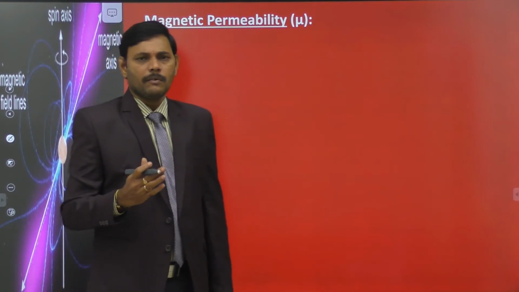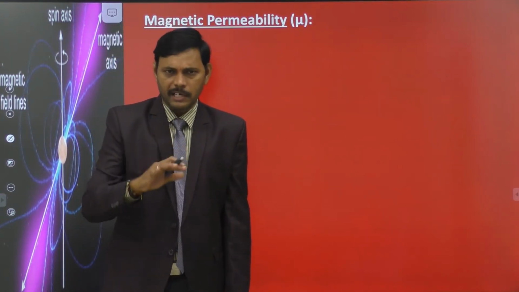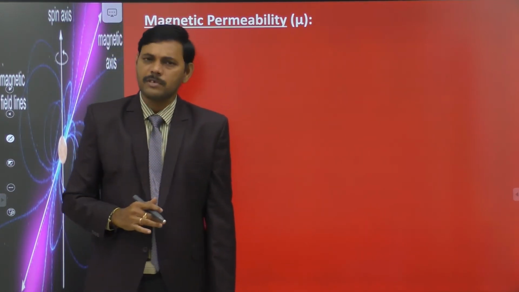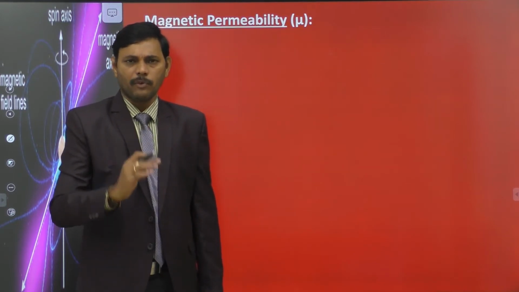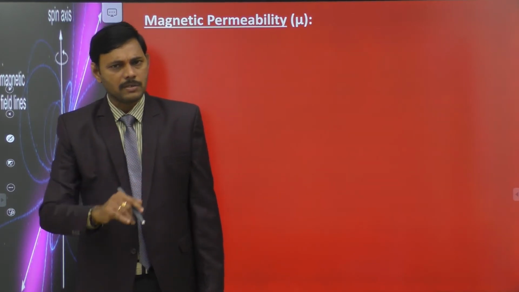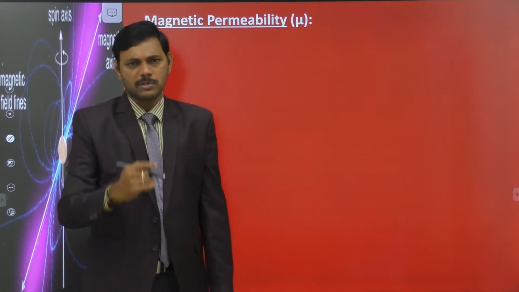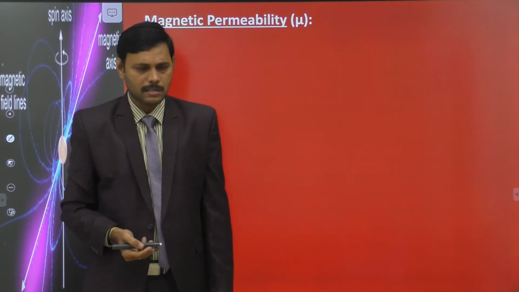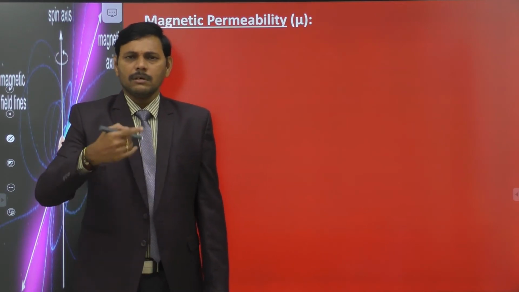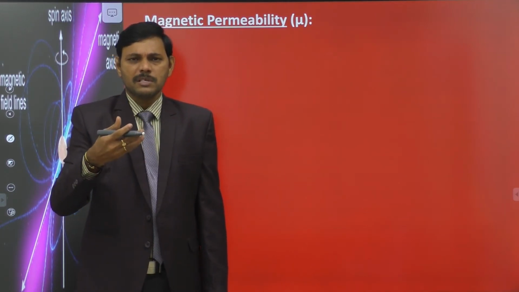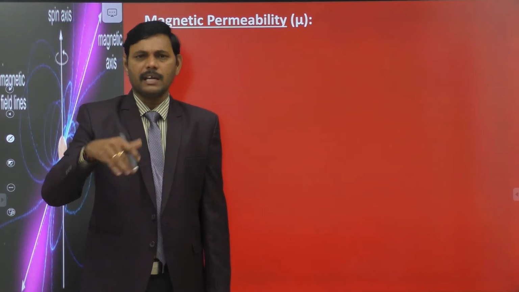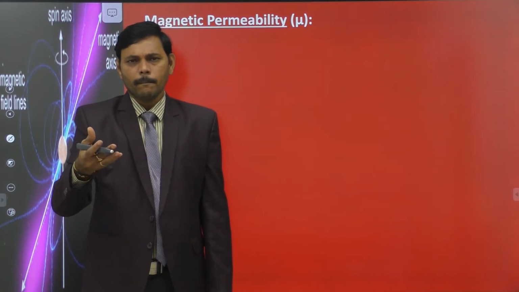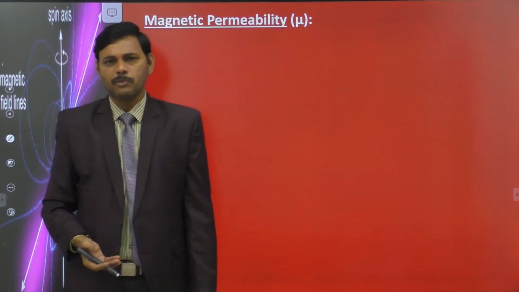Similarly, while writing Coulomb's law of magnetism, we wrote that F is equal to mu naught by 4 pi m1 m2 by r square. m1 and m2 are pole strengths, and F is the force of interaction between them. Then also we get mu naught. So while writing the expressions of magnetic force and magnetic field B, definitely we have the expression of mu.